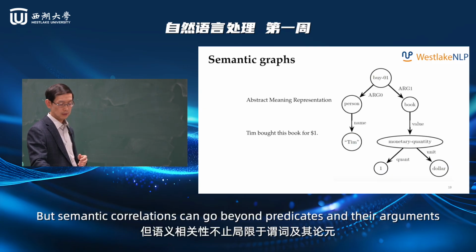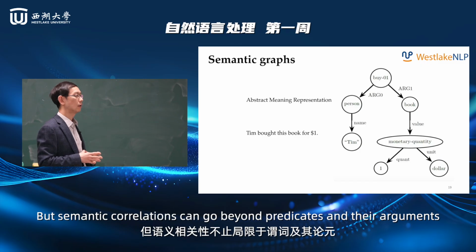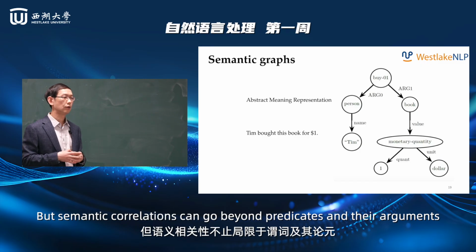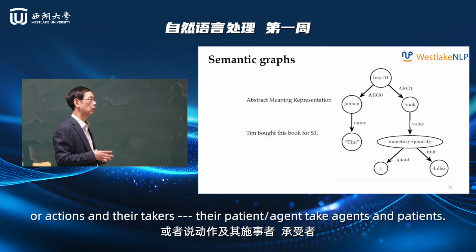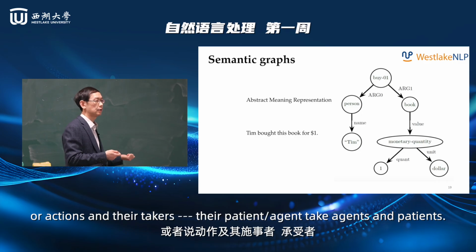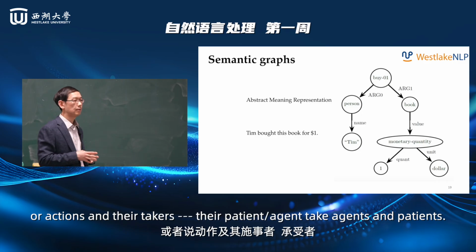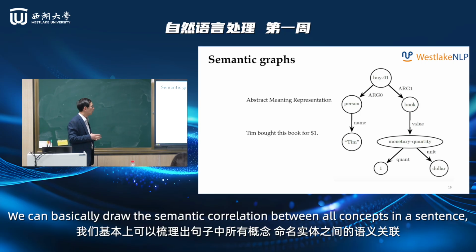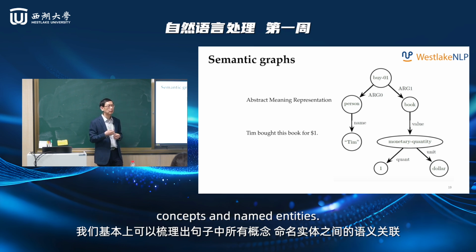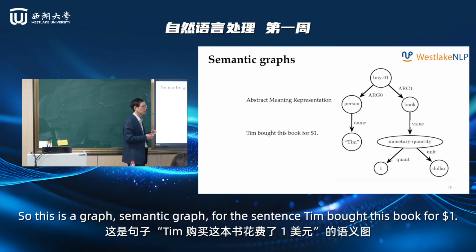All right, but semantic correlations can go beyond predicates and their arguments, or actions and their takers, agents and patients. We can basically draw the semantic correlation between all concepts in a sentence, concepts and named entities. So this is a semantic graph for the sentence, Tim bought the book for $1.